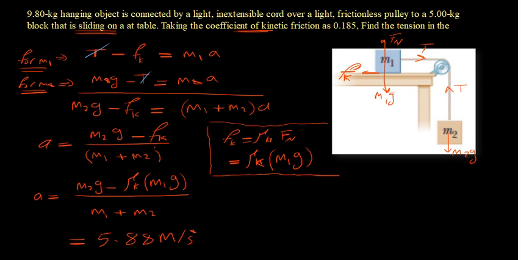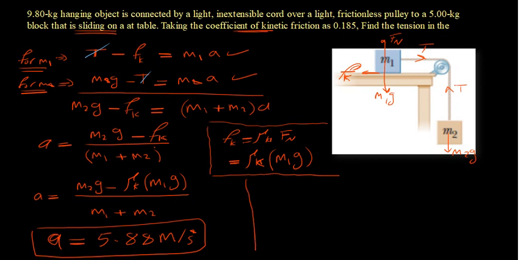Now, having the magnitude of the acceleration, I can pick this equation or this equation to help me find the tension in this cord. I'll change the color just to make sure. So I will pick this equation.